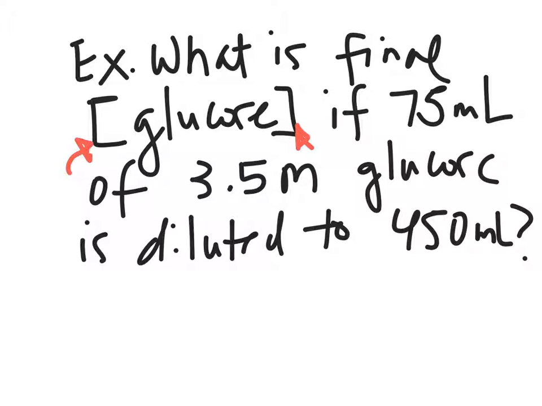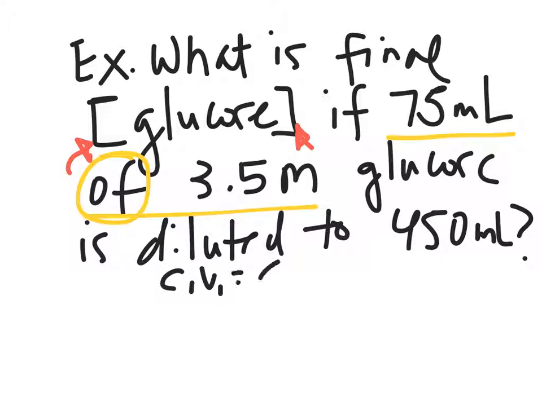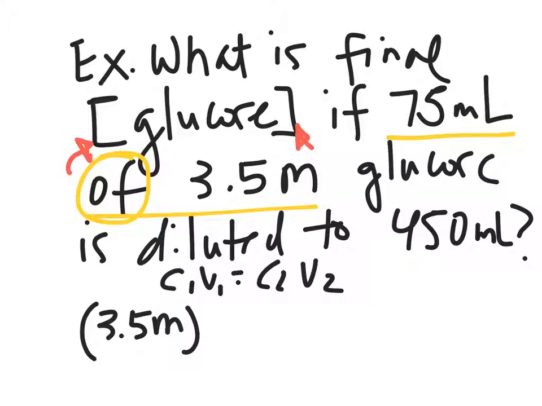For this one, let's try and solve even without drawing a picture, although drawing a picture always helps. Here we've got 75 mLs of 3.5 molar. Anytime you see a volume and a molarity separated by an "of," that's telling you that those two values go together. So if we're going to use our C1V1 equals C2V2, we can say we have a 3.5 molar solution to start.